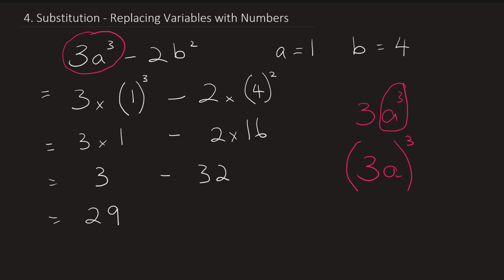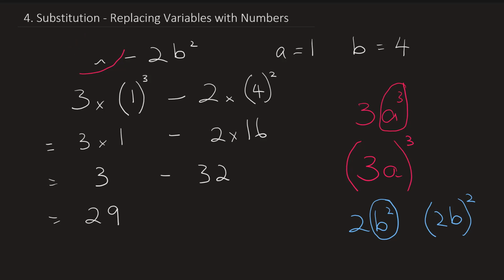It's the same with this term 2b squared, so the square only applies to the b. If I wanted it to apply to the 2 as well, I would have written it this way. Just something to be aware of and to take note of.